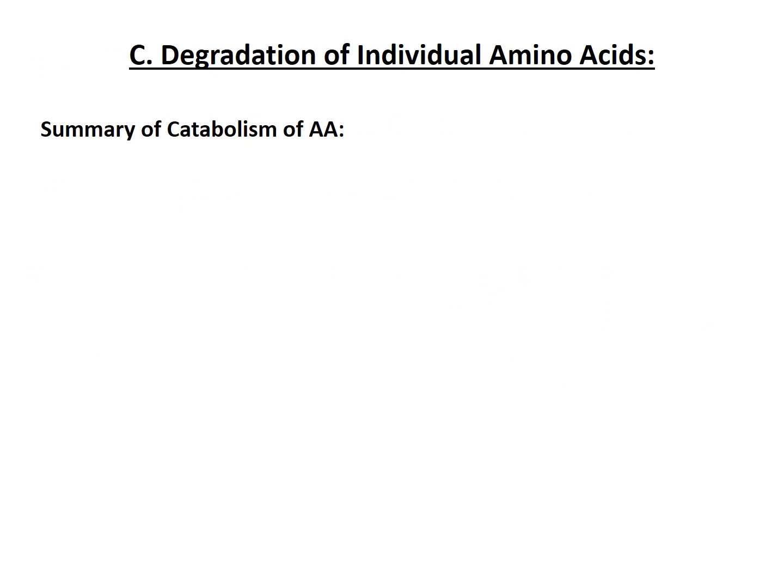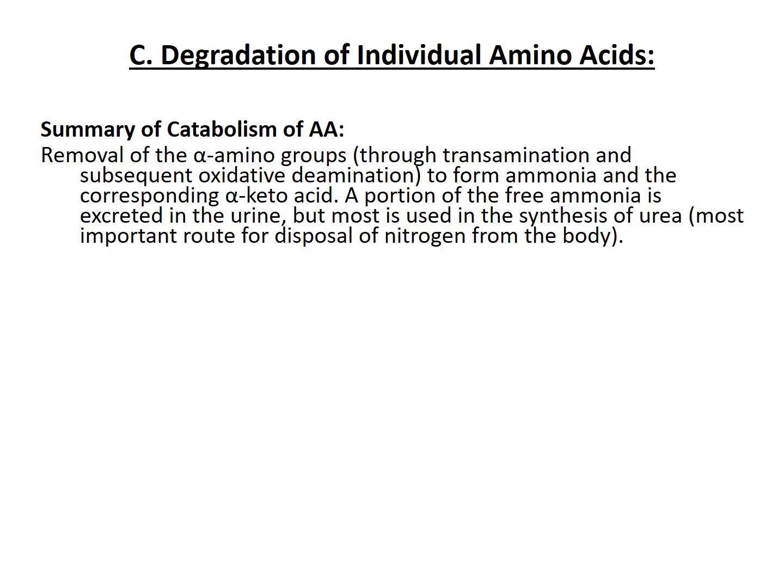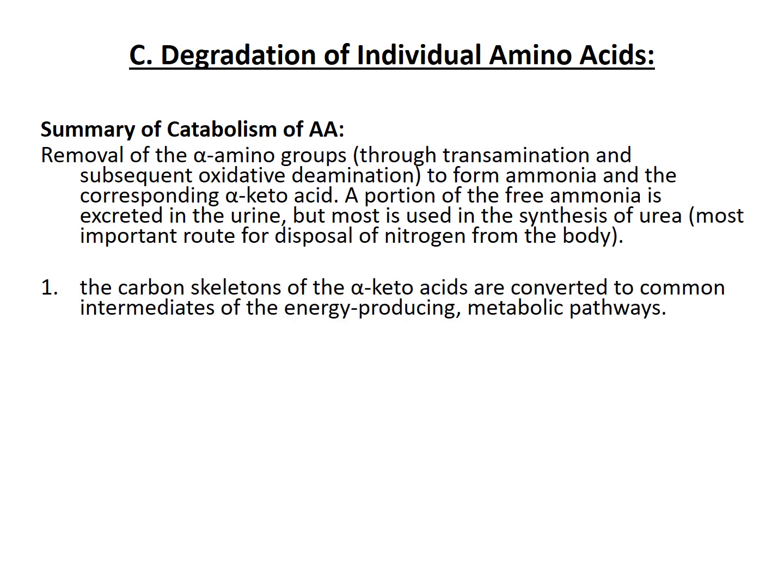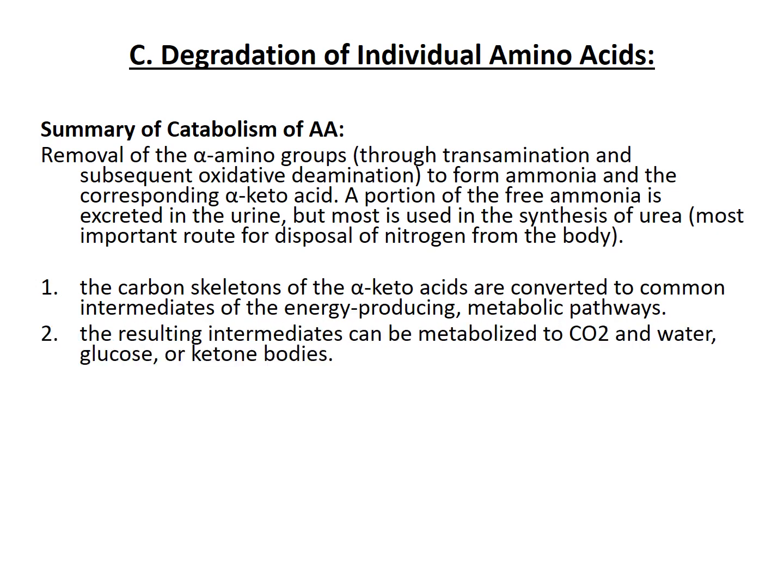All right, so degradation of individual amino acids now. Remember, we can do all. We remove the amino group, we now have the skeleton. So removal of the amino group is very important, which we went through. Then the carbon skeleton can be converted into intermediates, then can go to energy producing or metabolic pathways.